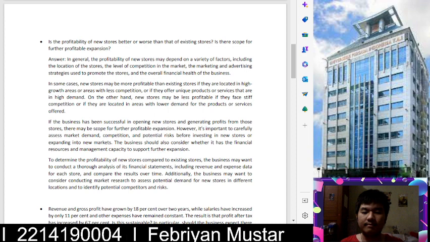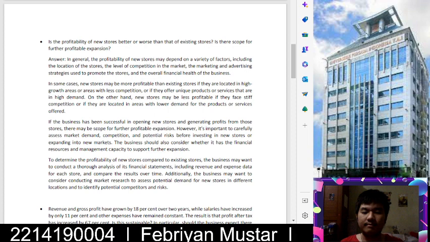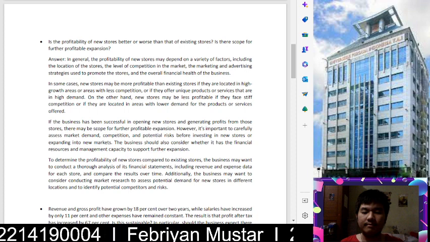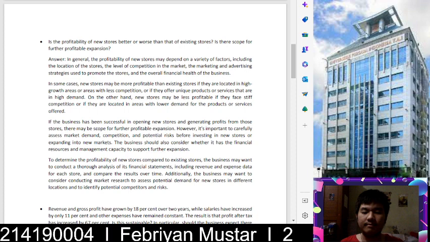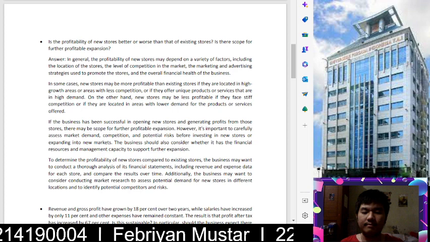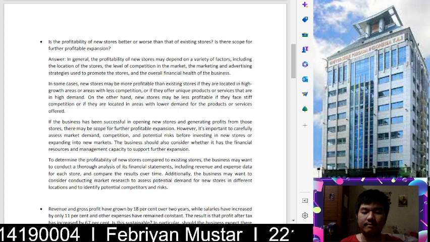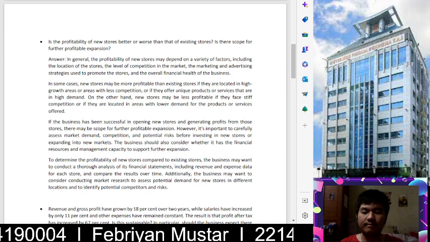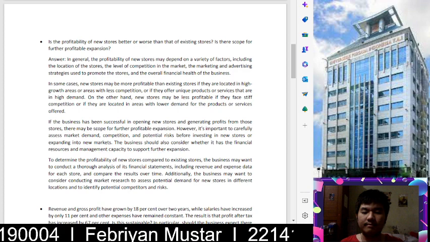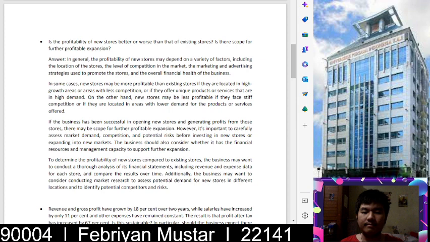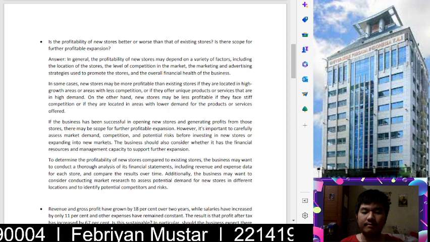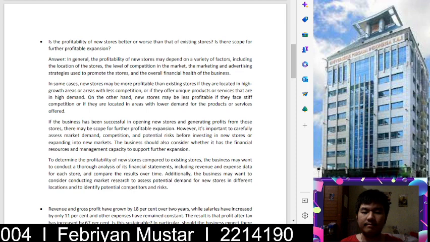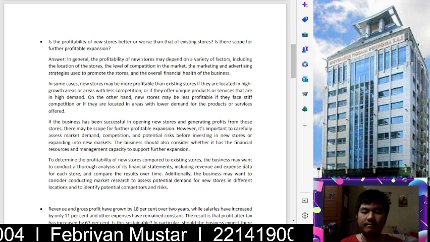The answer: in general, the profitability of new stores may depend on a variety of factors, including the location of the stores, the level of competition in the market, the marketing and advertising strategies used to promote the stores, and the overall financial health of the business.